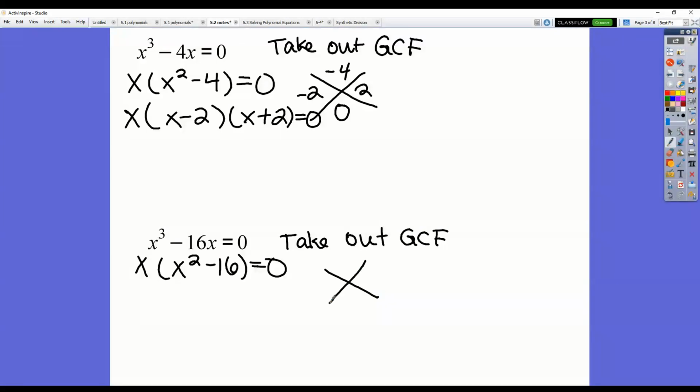Again, take out GCF. Then figure out what multiplies to negative 16, adds to 0: negative 4 and 4.